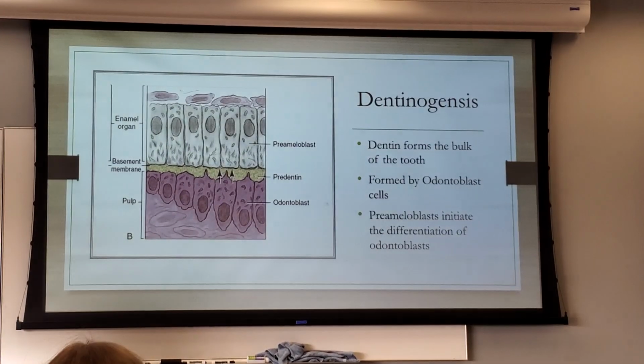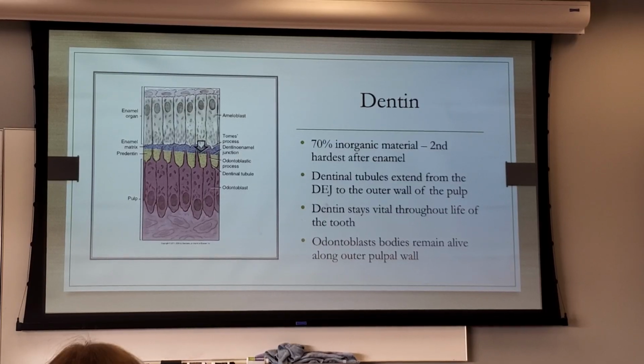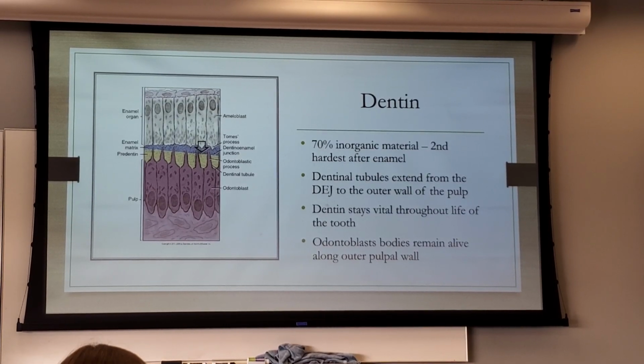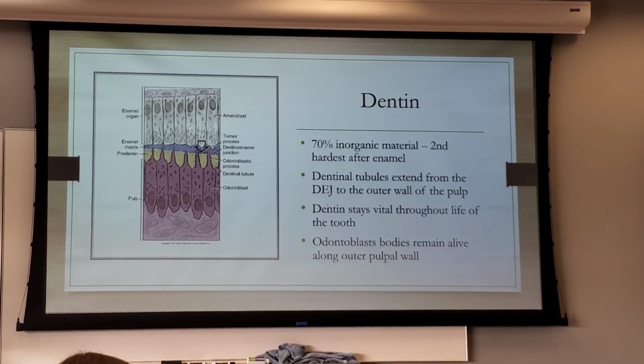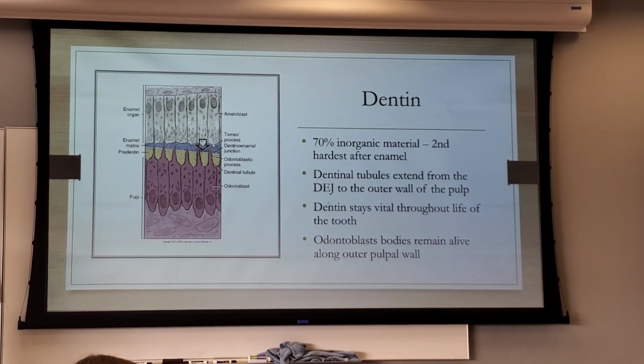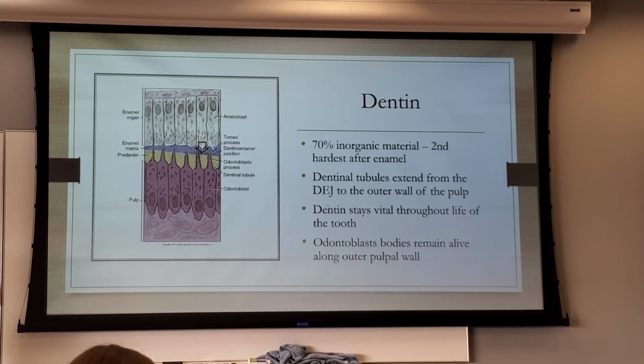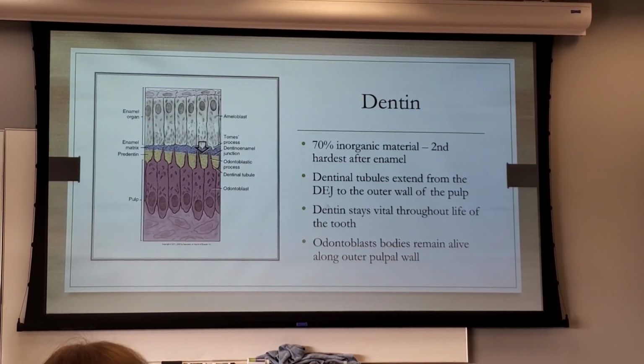So our dentin forms, then our enamel forms after that. Dentin is 70% inorganic material, so 96 for enamel, 70% inorganic for dentin, and it's second hardest after enamel. Okay. And again, it has that calcium hydroxyapatite.